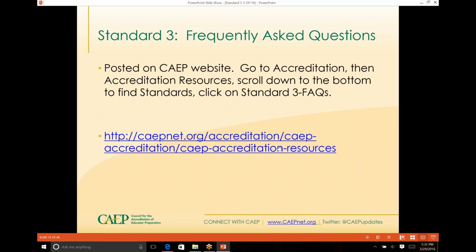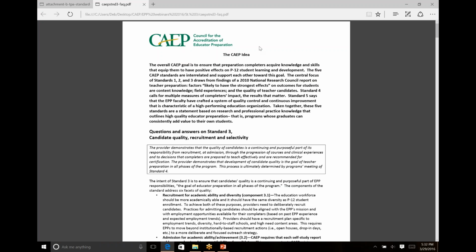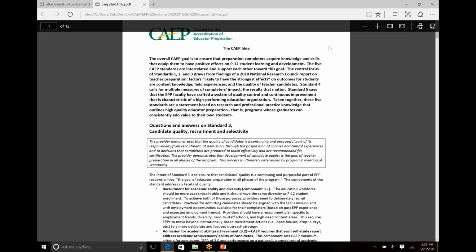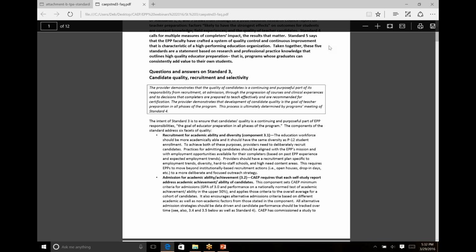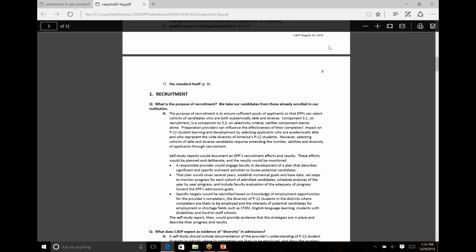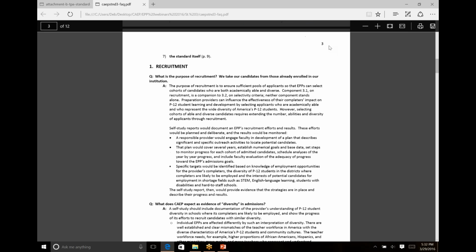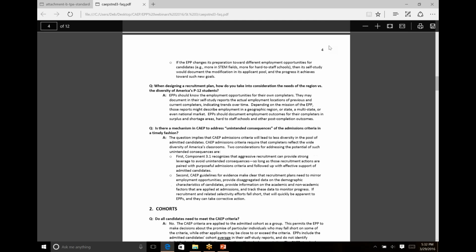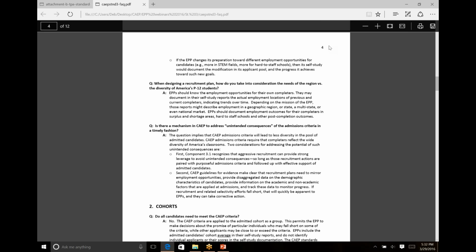So there's a whole set of frequently asked questions about CAEP resources, and I'm even going to show you what I'm talking about here. Here are the frequently asked questions for Standard 3. It's got a lot of questions about components, recruitment, what's the purpose, what does CAEP expect as evidence of diversity, is there a mechanism to address unintended consequences?